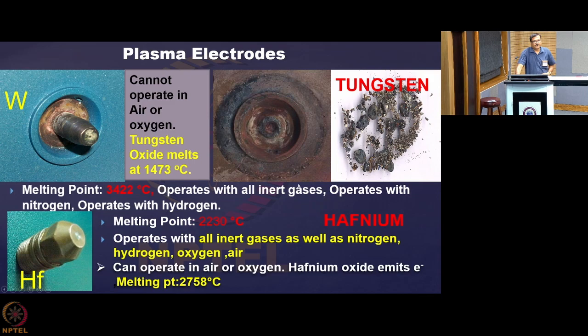Whenever you are operating with argon, there is no problem, because argon is an inert gas and it will operate fantastically. Tungsten has a very high melting point, 3422 degrees centigrade, and it has very good thermal conductivity and very good electrical conductivity.